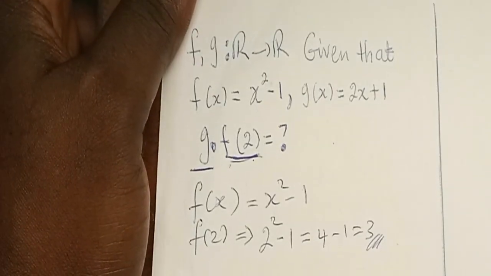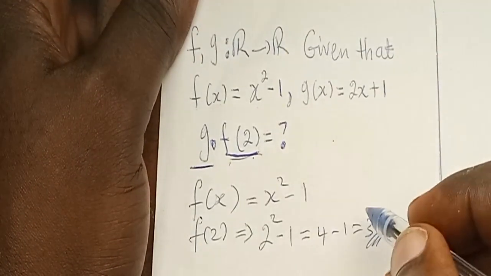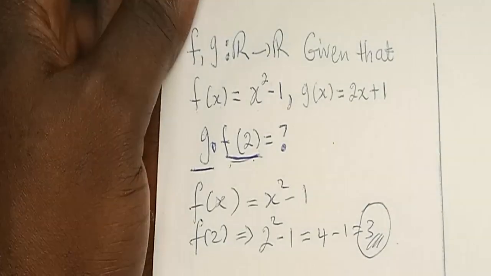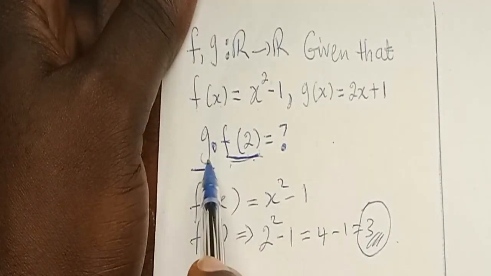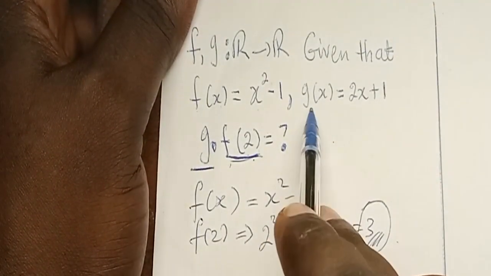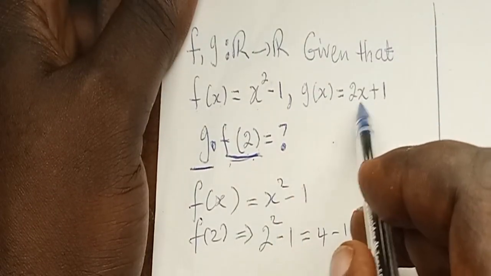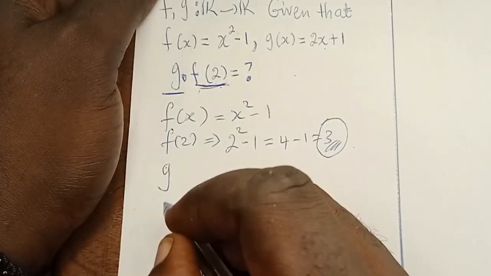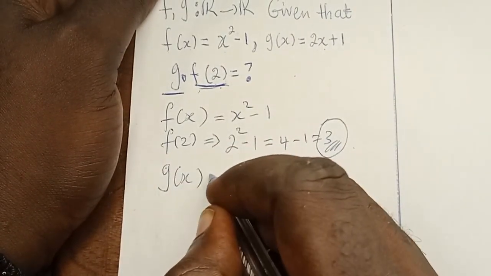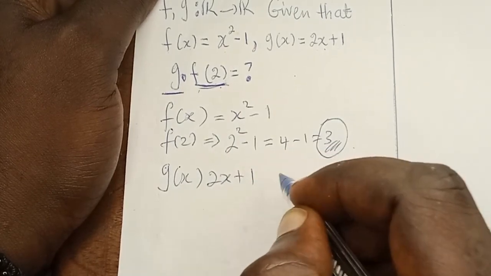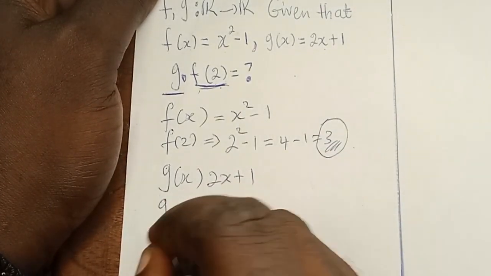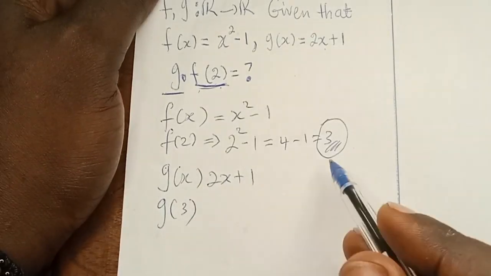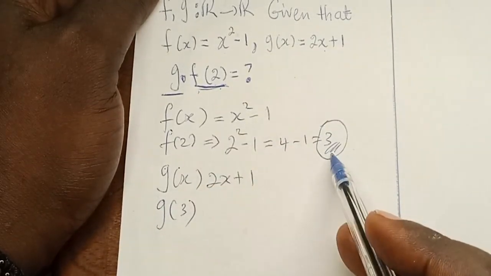Therefore, we have 3. They are telling us that we should take this 3, as you can see here, and input inside of g. So g here is 2x plus 1. Therefore, we are going to say that g of x being 2x plus 1, we are going to therefore say g of 3, because we have already said f of 2 is 3.